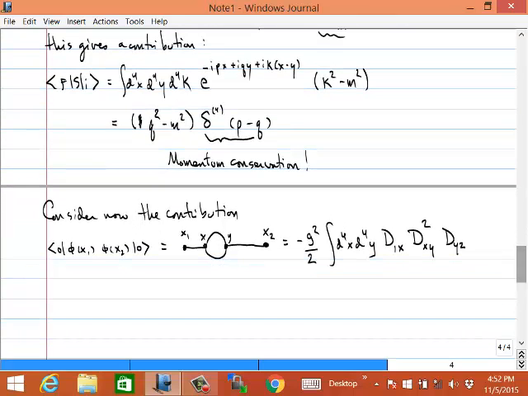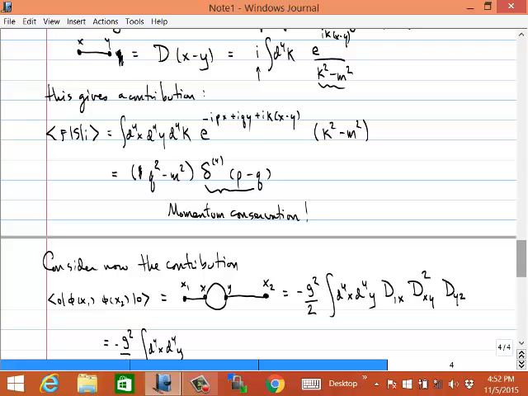And so now what we want to do is use the expression that we used earlier for the propagator in momentum space. So we have these integral d4x and an integral d4y. And now we want to use the expression that we wrote down above for our propagator.